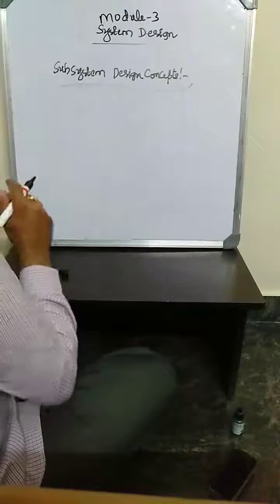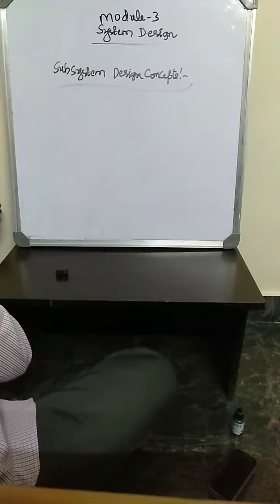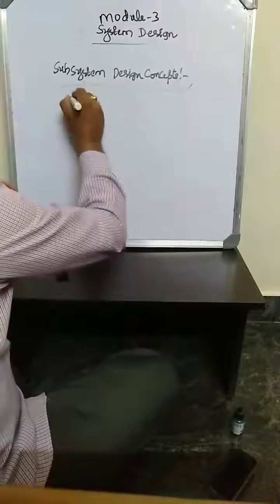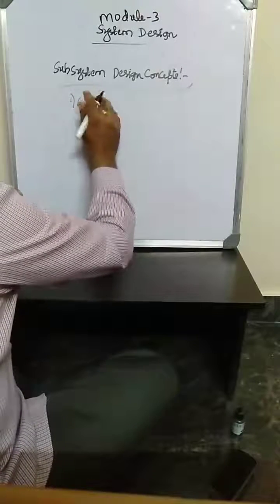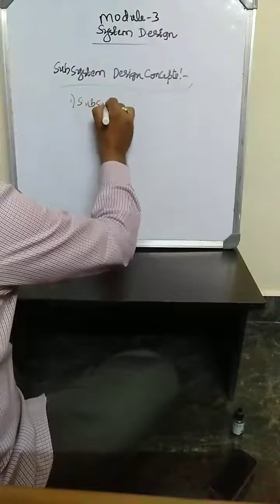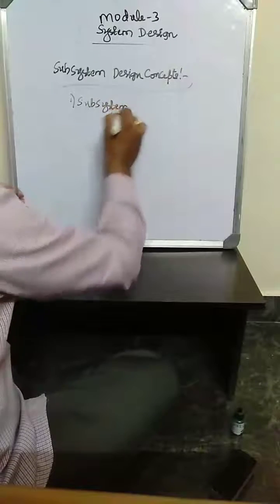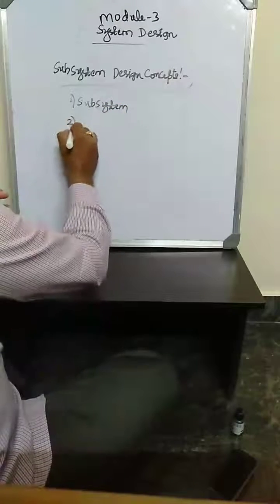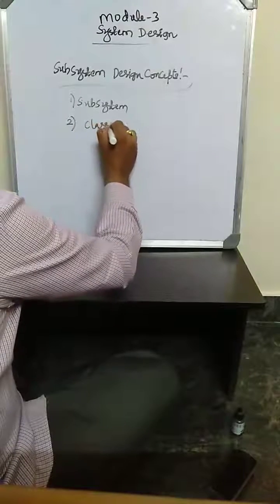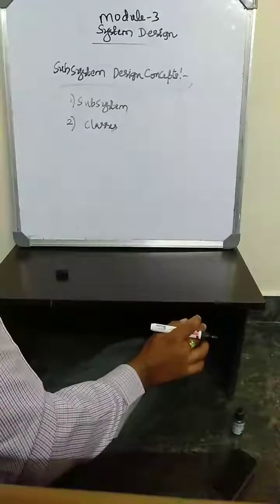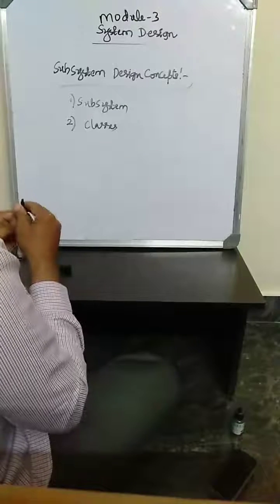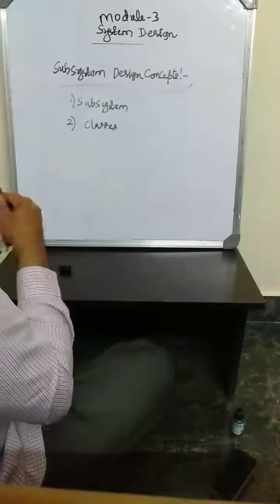One is the subsystem. Basically we know what exactly a system is. Sub means small part. And second one we need to understand about classes. Classes means collection of objects. So these are some of the things that we need to understand in subsystem design concepts.